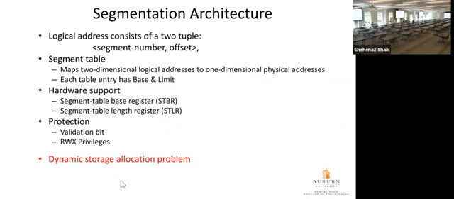So for that reason, again, here we have the same storage allocation problem where we still need to identify an appropriate hole where each of these segments can be loaded. Okay? So we still have that particular problem. So that is one limitation with this segmentation approach that we may want to be aware of.